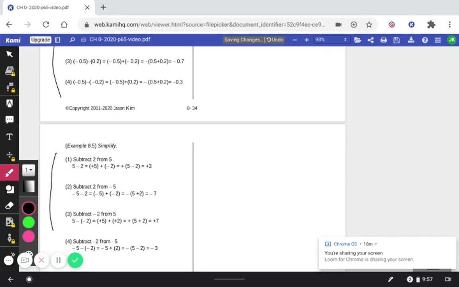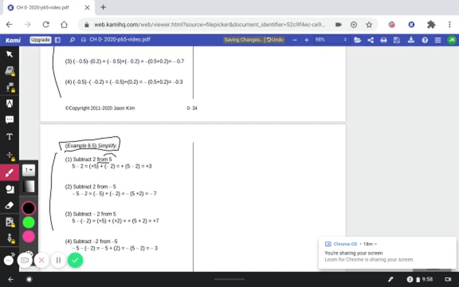Now, next thing you need to know is the wording. Whenever you have a subtract from, so for example, number 1, subtract 2 from 5. The word from is a keyword, so whatever is after from, you write it first.